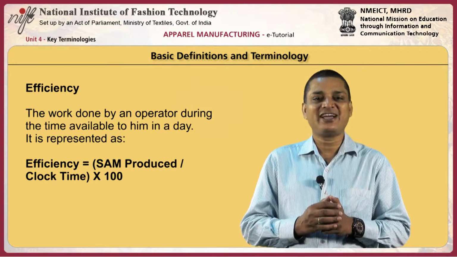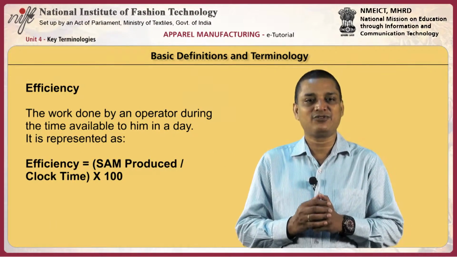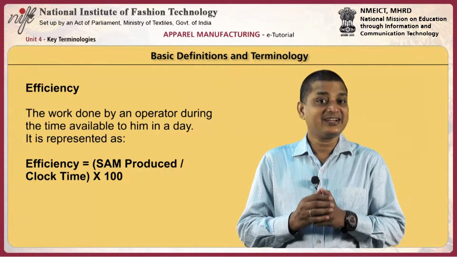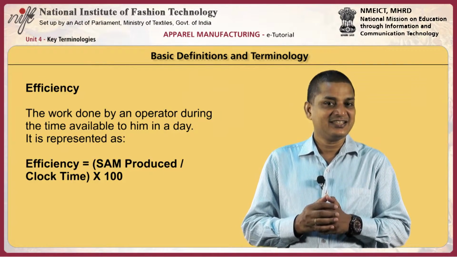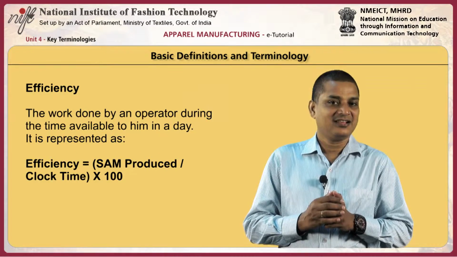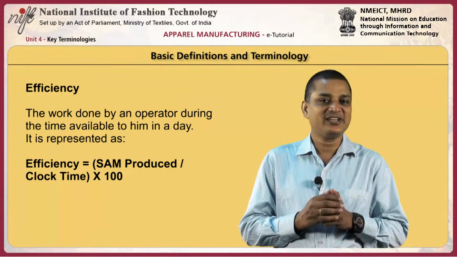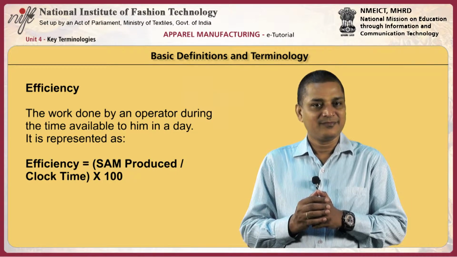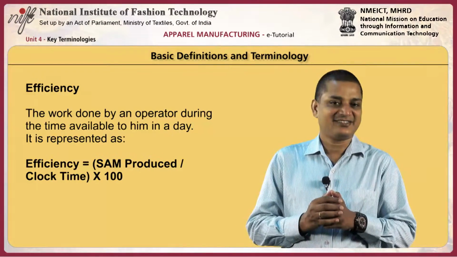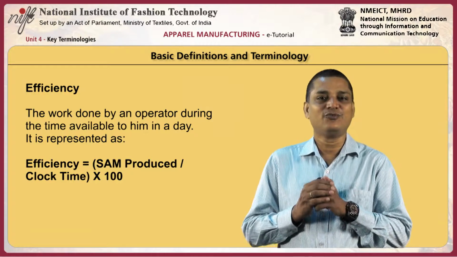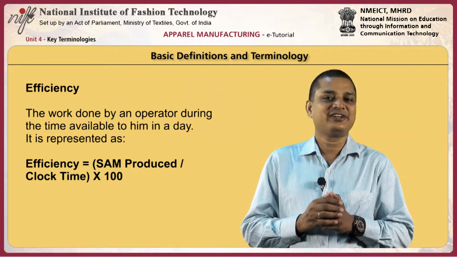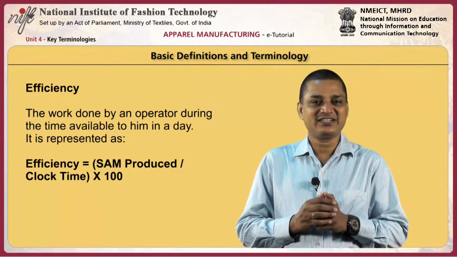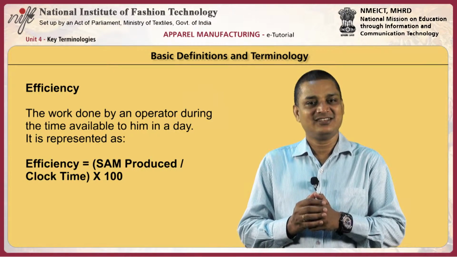The work done by an operator during the time available to him in a day is represented as efficiency. Efficiency is equal to standard allowed minute produced divided by clock time, multiplied by 100. A tool used to quantify the work content of an operator during the day is represented as performance.